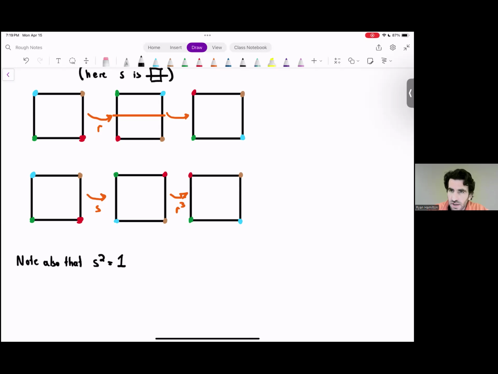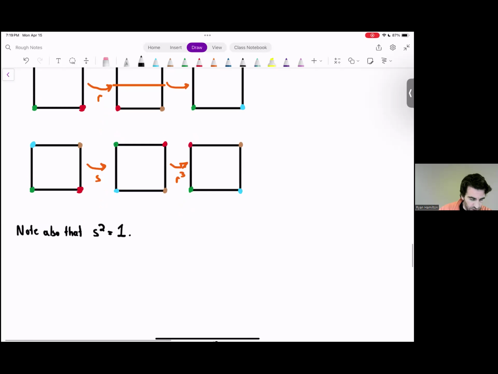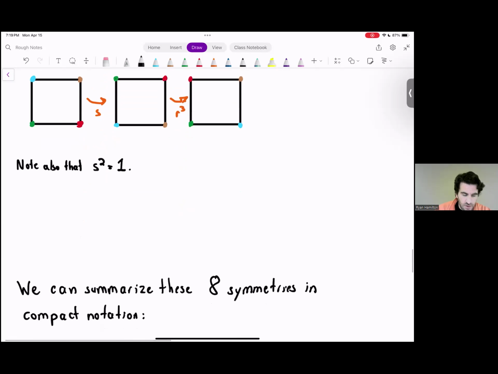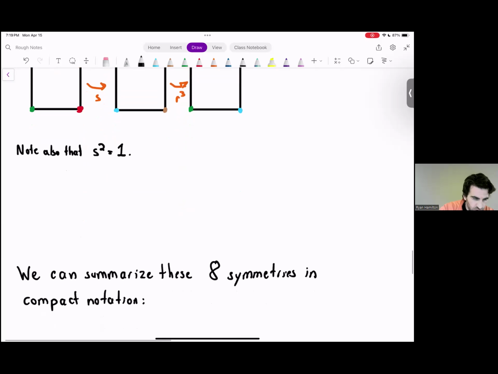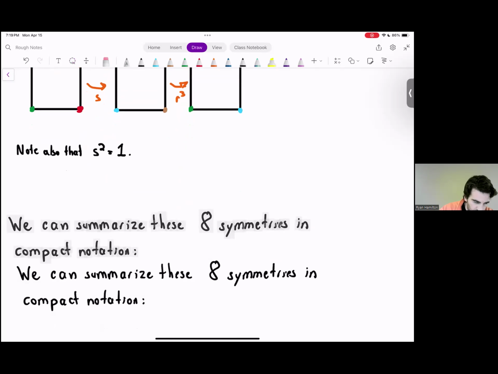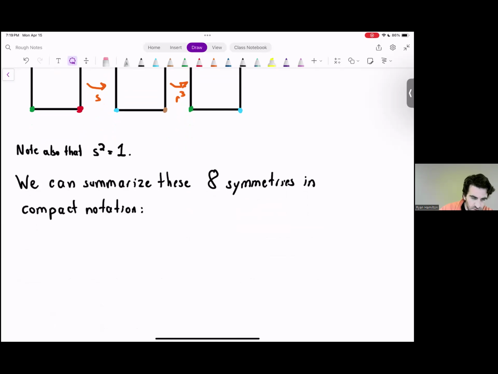And so what this tells us is if you reflect and then reflect again, you're going to be back to where you started on the square. So now we have all we need to summarize everything that's going on here. There's a nice, neat, trim way that we can package this all together.